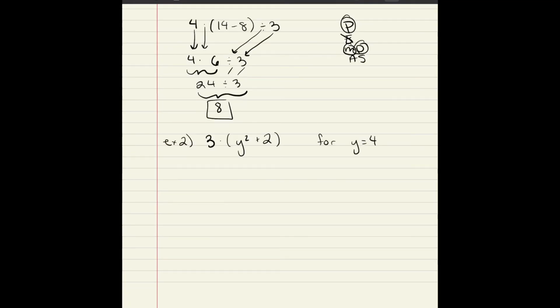All right, so for example 2, we have 3 times y squared plus 2, for y equals 4. So I need to start by plugging in my given. So my given is y equals 4, and I'm going to plug it into our variable. And I need to rewrite the problem to do that. So I have 3 times 4 squared plus 2.